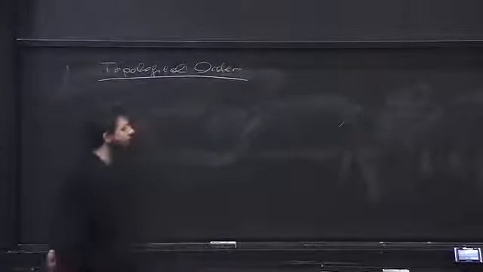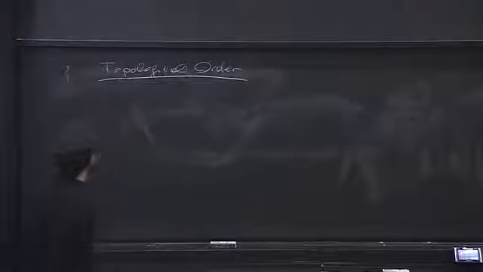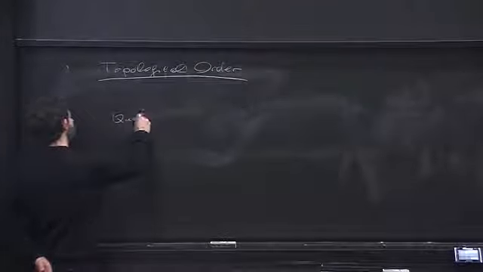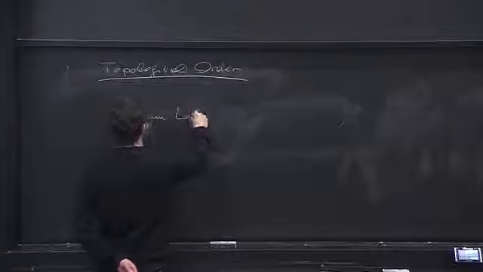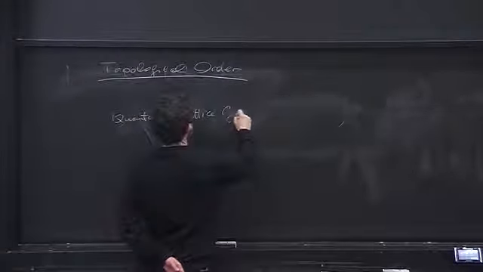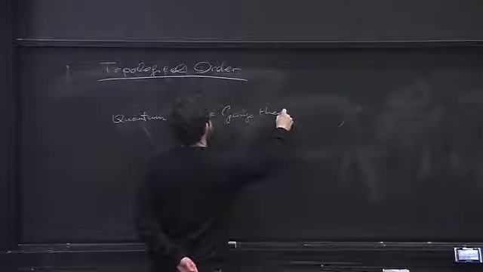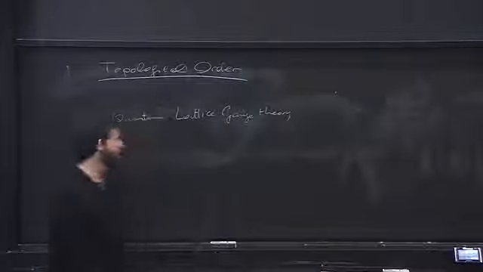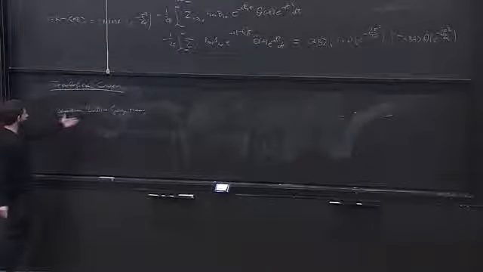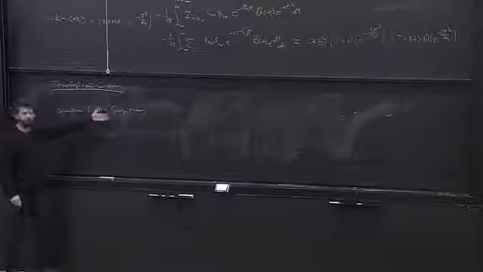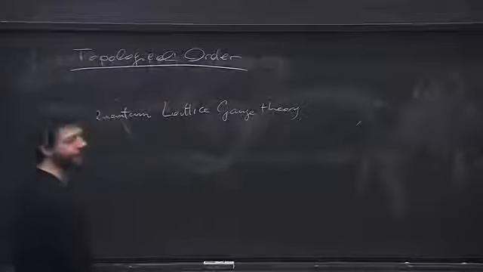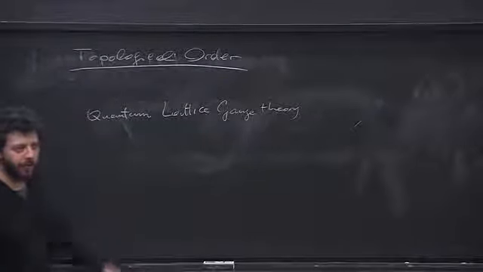To explain topological order, we start by understanding something that is related to it, which is quantum lattice gauge theory. That's why this stuff in some sense originated from QCD, because QCD is a quantum gauge theory, of course. But people had to do calculations, so they needed to put a cutoff, and they were on a lattice.